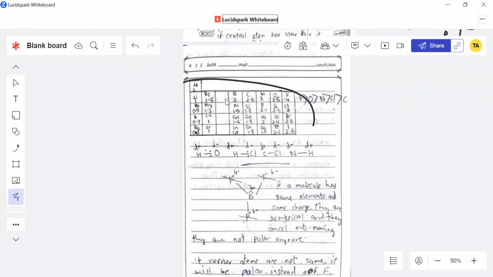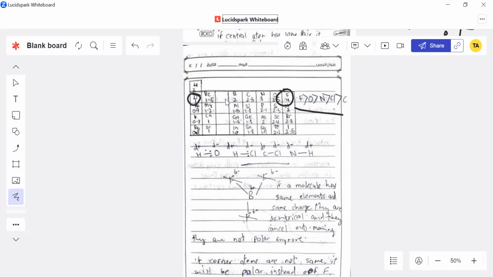Now, this is the electronegativity of the most popular elements. So it's better if you memorize this. For example, fluorine has an electronegativity of 4. If you go down, the electronegativity decreases. So iodine will have 2.5. And if you move towards the left, it would decrease as well. So beryllium has 1.5, lithium has 1.